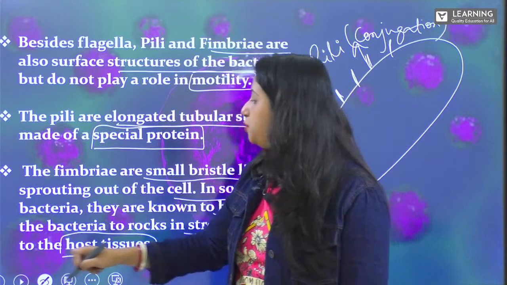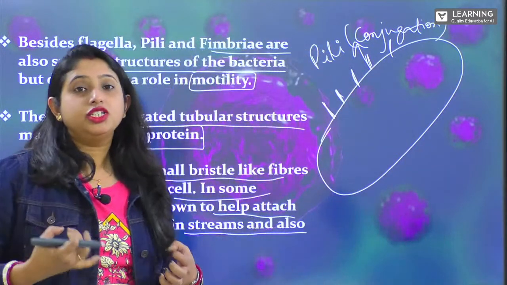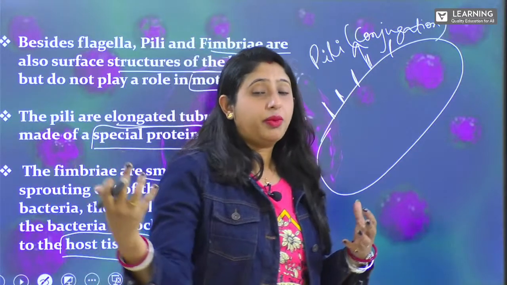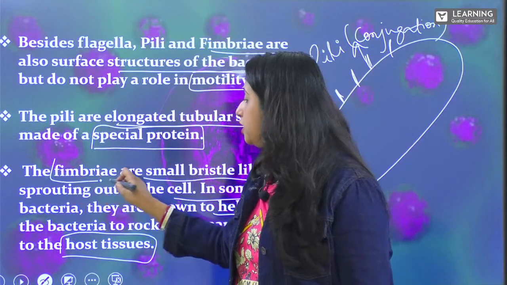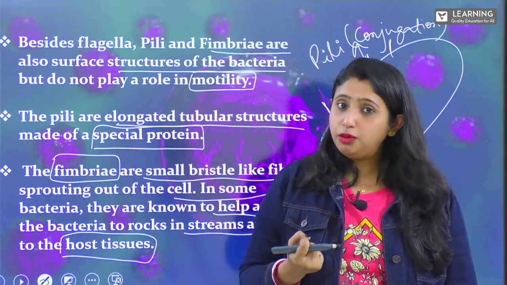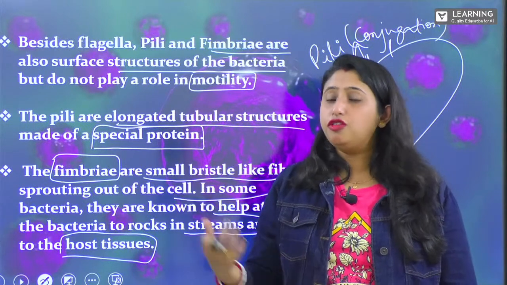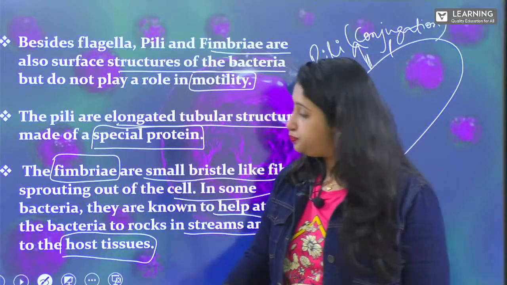So fimbriae help the bacteria attach inside our body. When any bacteria attacks the body, with the help of fimbriae, the bacteria can attach to the various cells of the human body or of plants. So this basically helps in attachment.